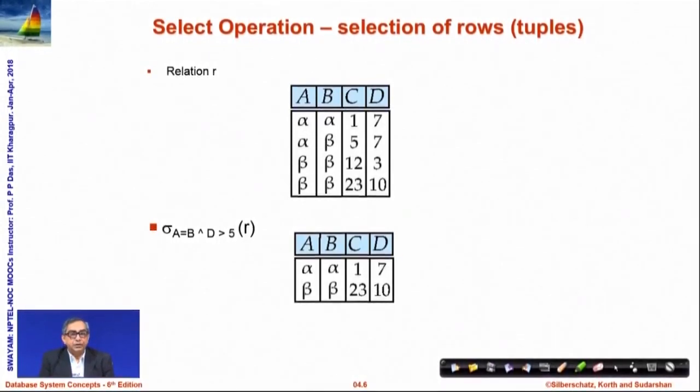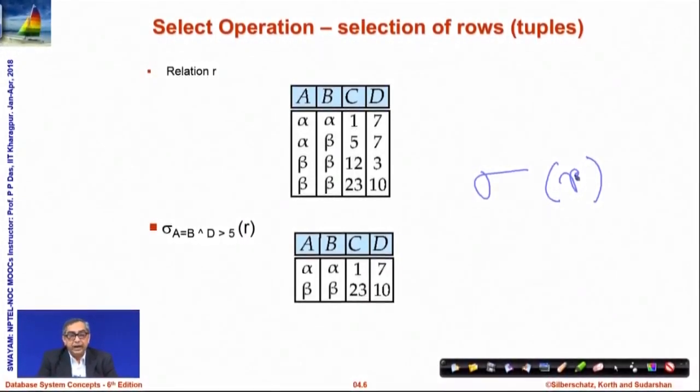It has a set of columns and a set of rows or records that fill up data according to those columns. Select is an operation which chooses a subset of rows from a relation based on a certain condition. In relational algebra we write it with the notation sigma, and following that, in parentheses, we put the name of the relation.